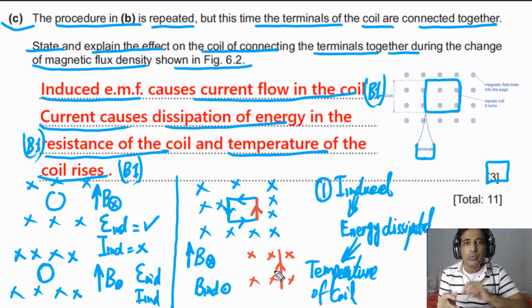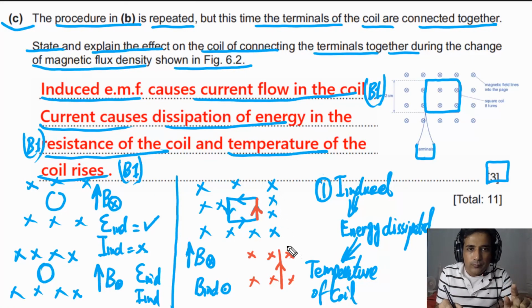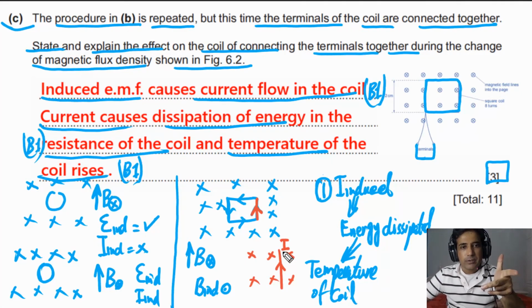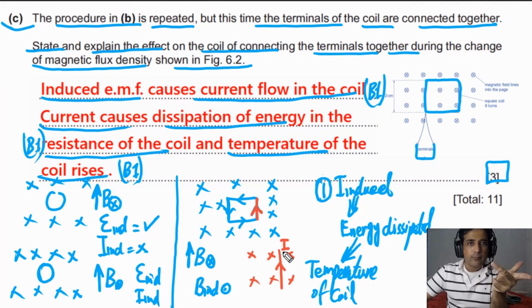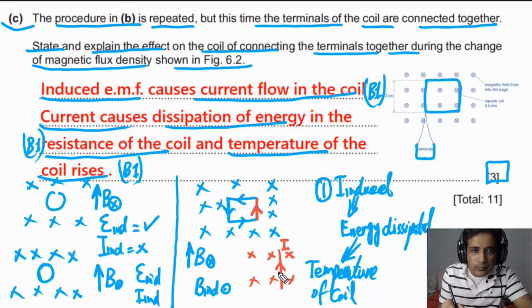Now you can use your left hand rule to find the direction of force on this piece of wire. In this case, the magnetic field is into the page and current is flowing upwards, so the force on this one will be to the left.